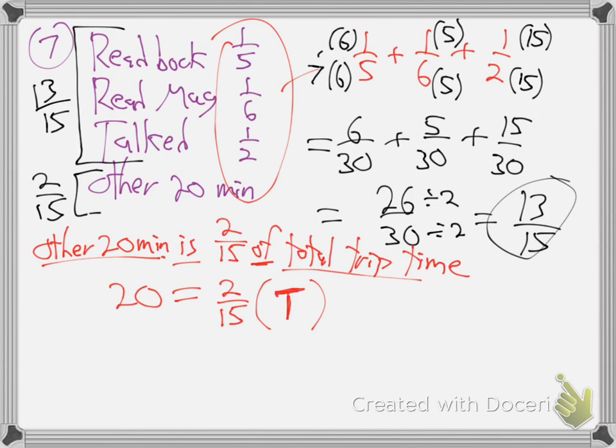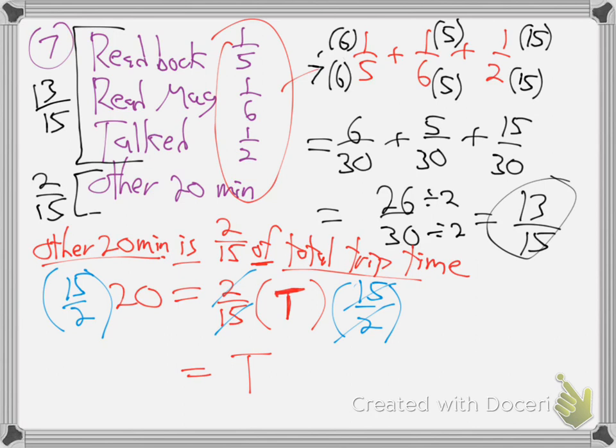What am I going to do? Same thing I did two other times. The reciprocal, right? Multiply by the upside down. 2's got to go on the bottom, 15 on the top. So the 2's cancel, the 15's cancel, and we get the T, the total trip time. Now how do we work out the other side?